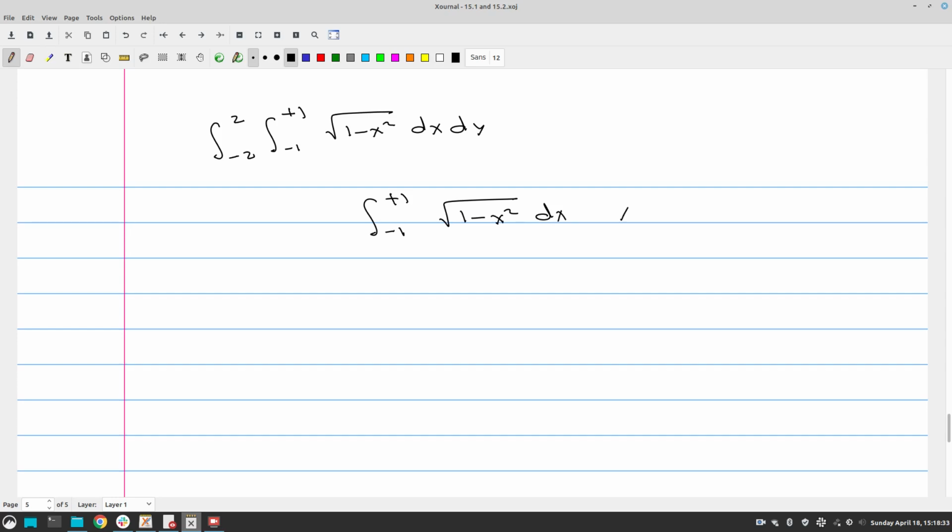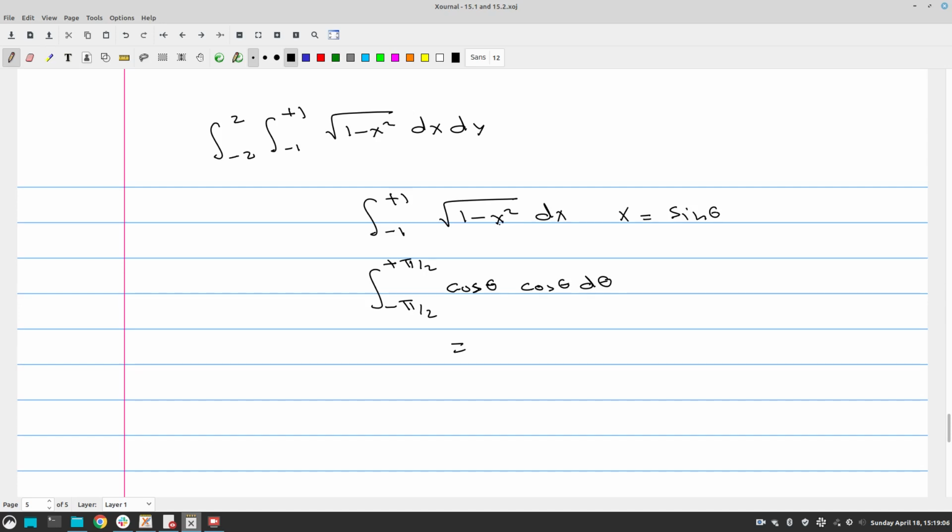You let x equal sine theta, so this becomes negative pi over 2 to pi over 2. So this is 1 minus sine squared theta, which is cosine squared theta. Take the square root, you get cosine theta, and dx equals cosine theta d theta.